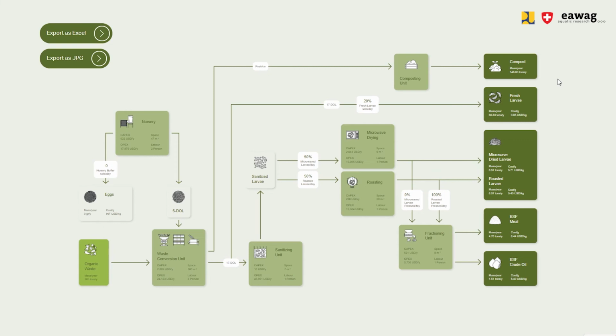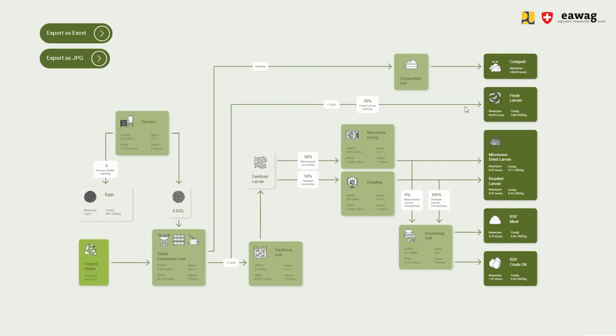Most of the time you can give it away for free, or use it at your site. We mentioned some uses in our rearing unit, but it doesn't really have a value for sale. Of course, this can change in your situation, and therefore there is still an option to add a value for compost in the model.